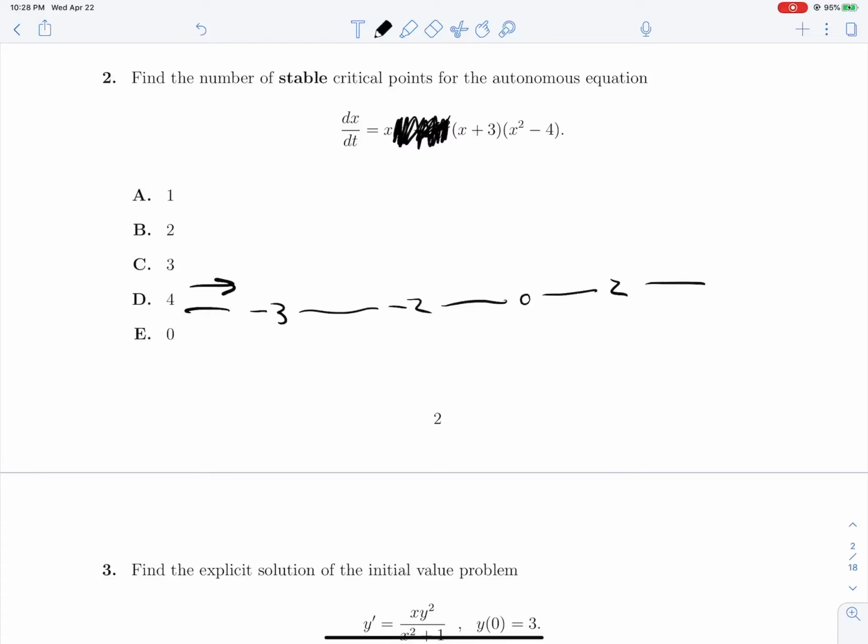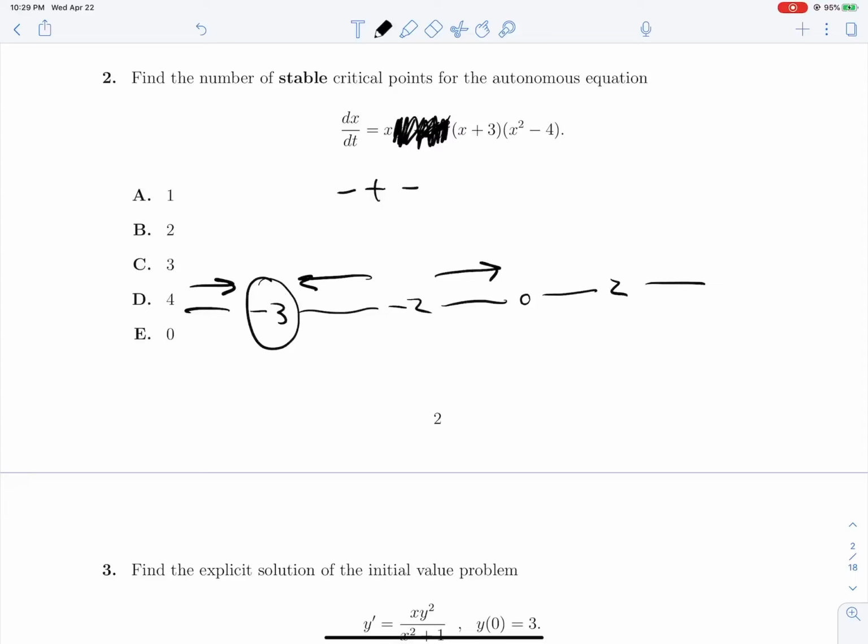And then between -3 and -2, if we plug in -2.5, we'll get a negative times a positive times a positive, so there's a negative slope down to -3 from -2. What if we plug in -1? We'll get -1 multiplied by a positive value, and then multiplied by a negative value. So there we go. And as we go, I'll circle the stable points that we're getting. We found one stable, one unstable so far.